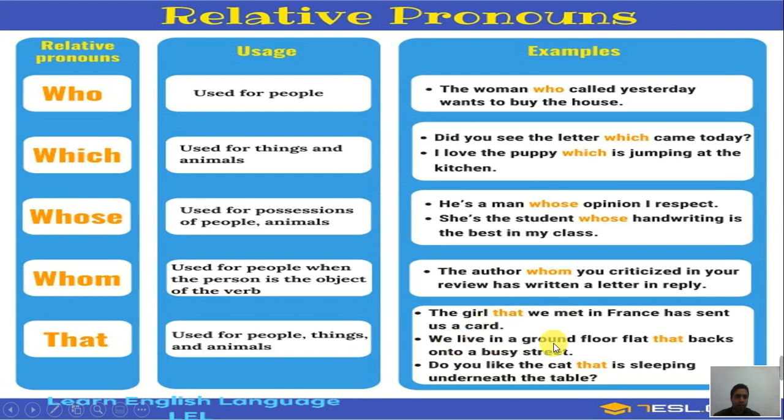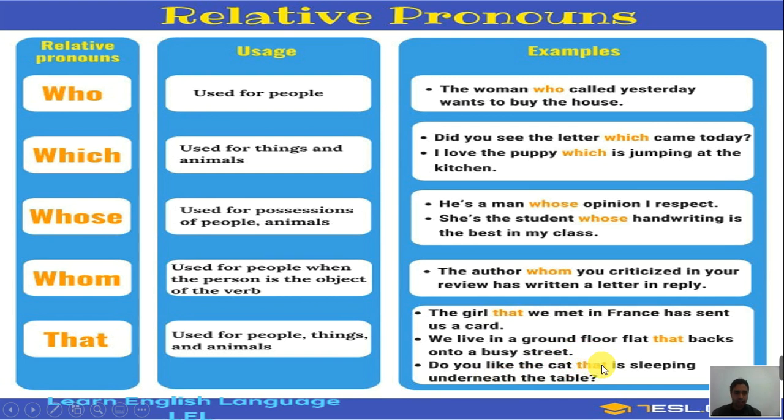We live in a ground floor flat that backs onto a busy street. That refers back to the flat, and instead of that we can use which too. Do you like the cat that is sleeping underneath the table? So also here that refers back to cat, and it could be substituted by which.